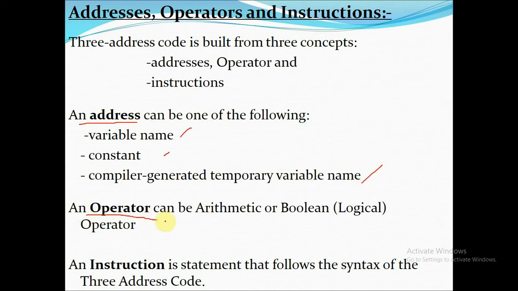An operator is a symbol representing some operation, usually an arithmetic operator or Boolean operator. Next, instruction. A 3 address code instruction is a statement that follows the syntax of 3 address code. We have some syntax, that is, a maximum of 3 operands are allowed in each statement, and other rules.